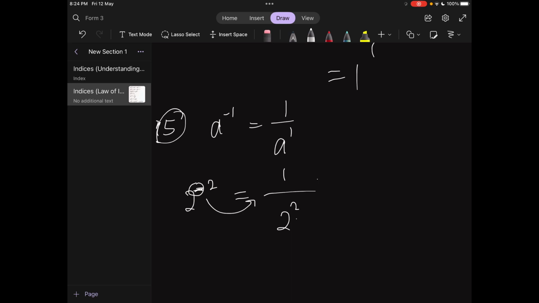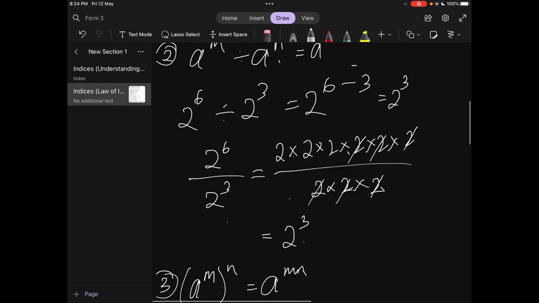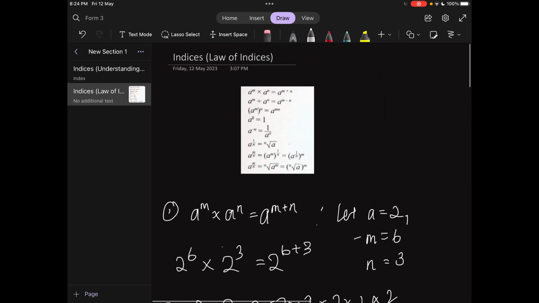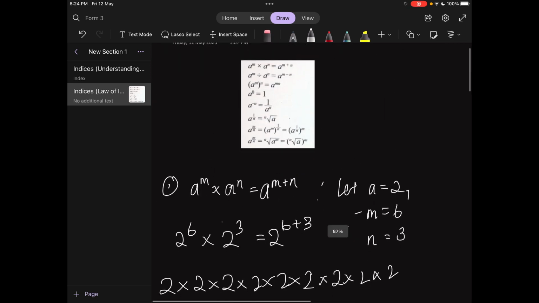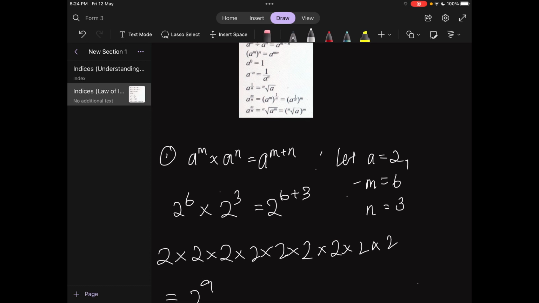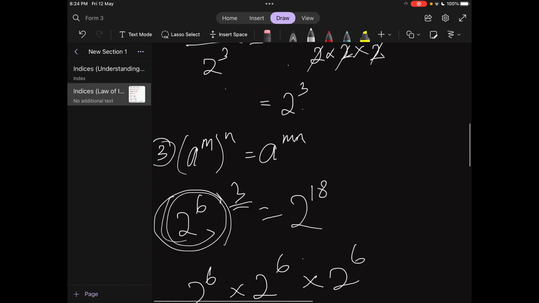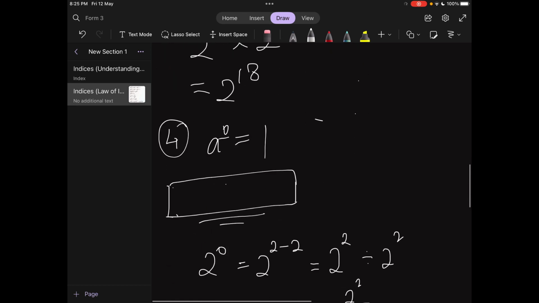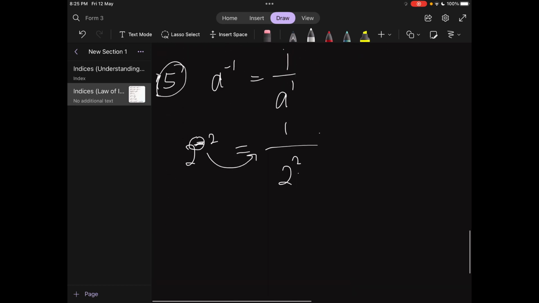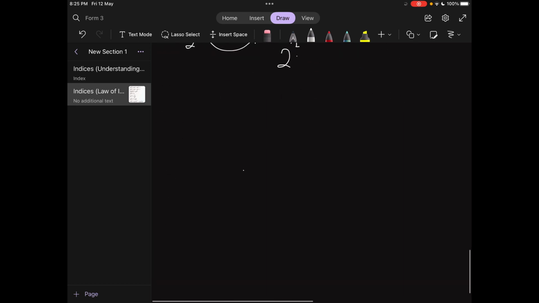So that is the fifth one. So let's move on to the last 3 laws that we have. And this law is, what if we have a fraction in our power? For instance, we have a to the power of 1 over n, which is equivalent to what?